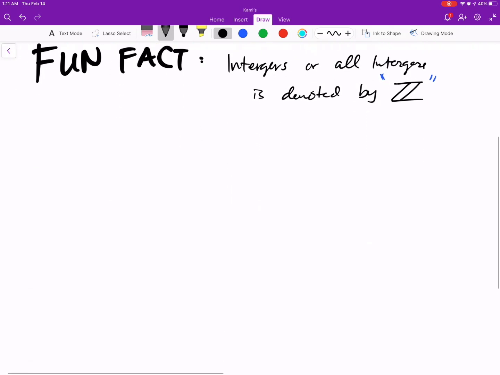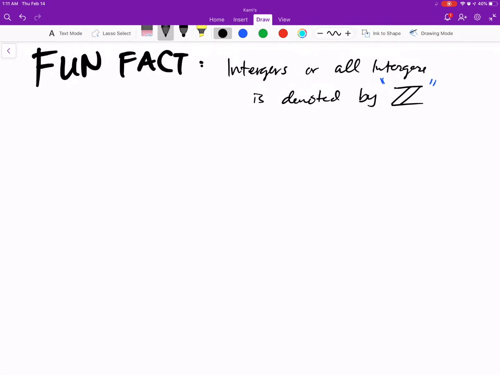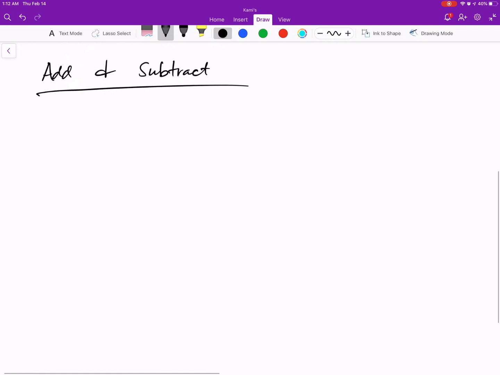Alright, so integers. We're going to learn how to add and subtract. So let's add some integers. You haven't noticed this, but in your school, you've been learning how to add integers for a while, but you just learned how to add positive ones.